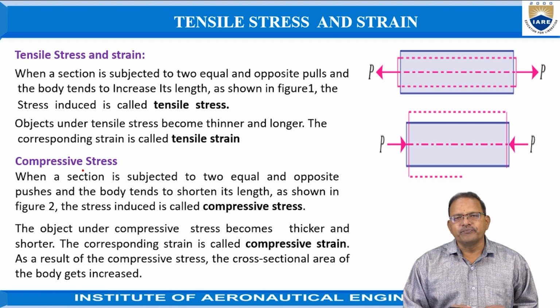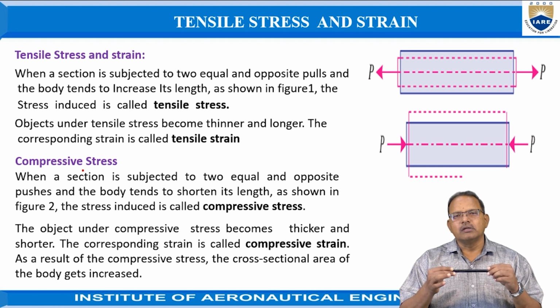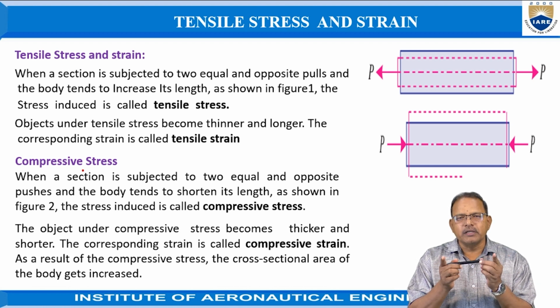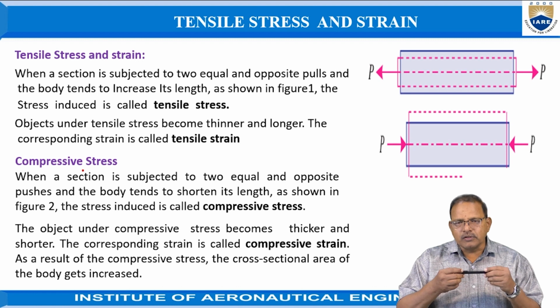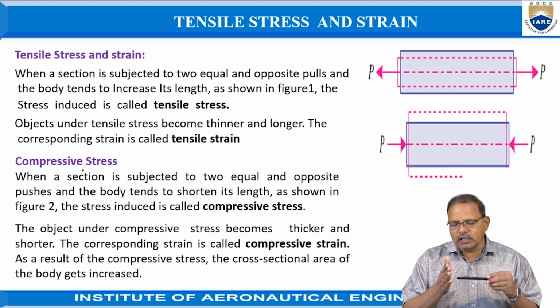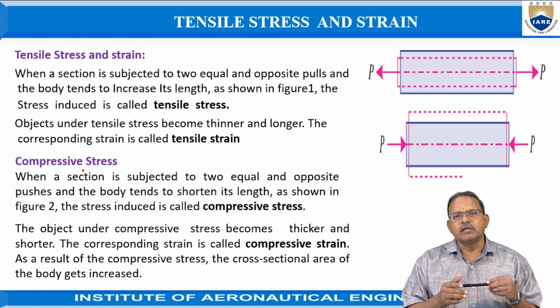Here for example, there is a shaft, and two equal and opposite forces are acting on it to pull the object. Here this is representing the original length of the object. Because of application of the load on it, that is the tensile force, the length of the object increases further by delta L.